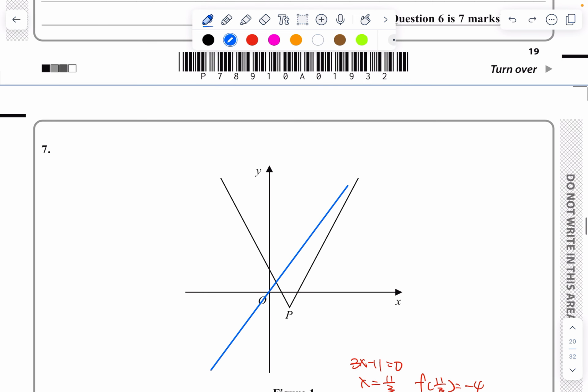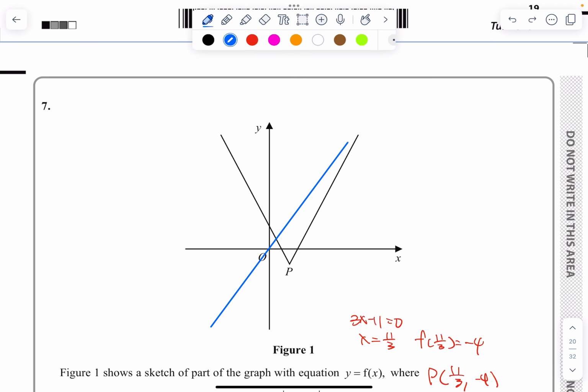So look, if we extend this line, it would definitely pass through here, right? It will definitely have another intersection. So there will be two individual intersections. That is not what we want. We only want one. So how do we do this? One of the cases is if this is parallel, that means it never touches the absolute function.